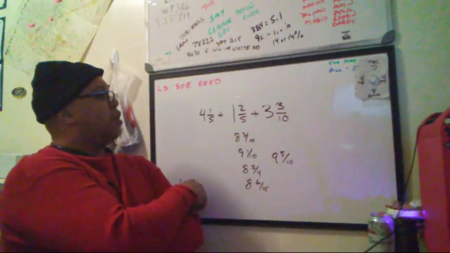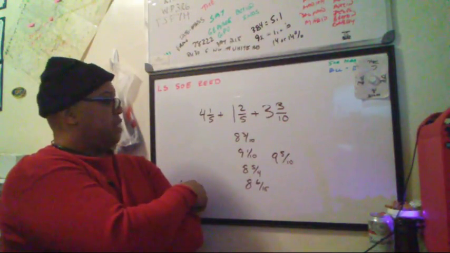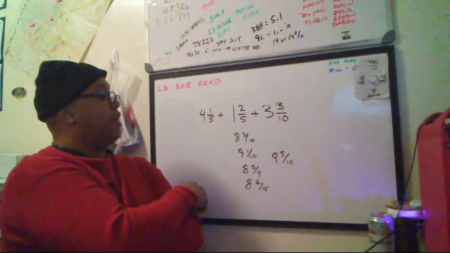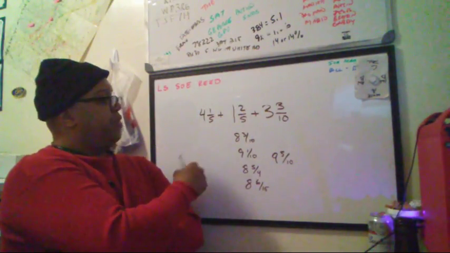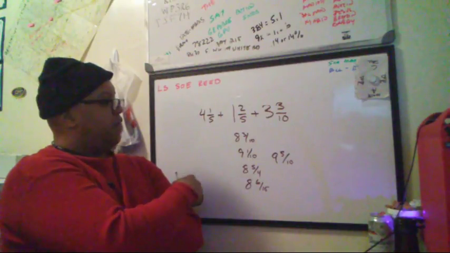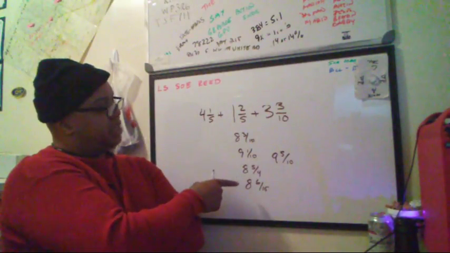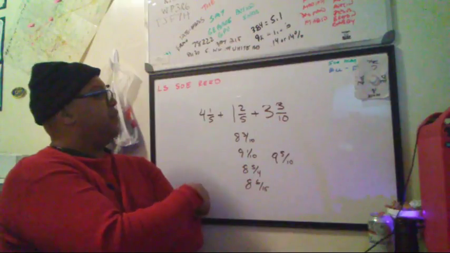And basically, Mr. Salter thinks that the answers are not right to this question. Our answers are 8 3/10, 9 1/10, 8 5/4, and 8 6/15, and 9 5/10.